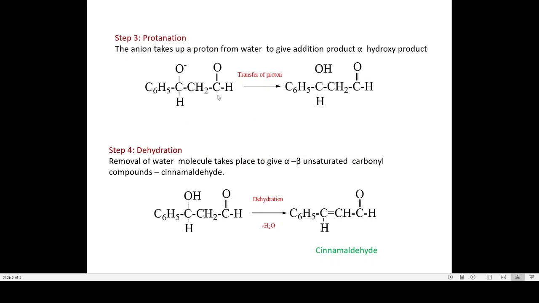In the third step, this alkoxide ion takes up a proton from the medium to give the hydroxy product. The last step is the dehydration, where OH and H are removed from the benzaldehyde and carbonyl compound moieties. So an unsaturation results at the alpha beta position, and you will get the product cinnamaldehyde.